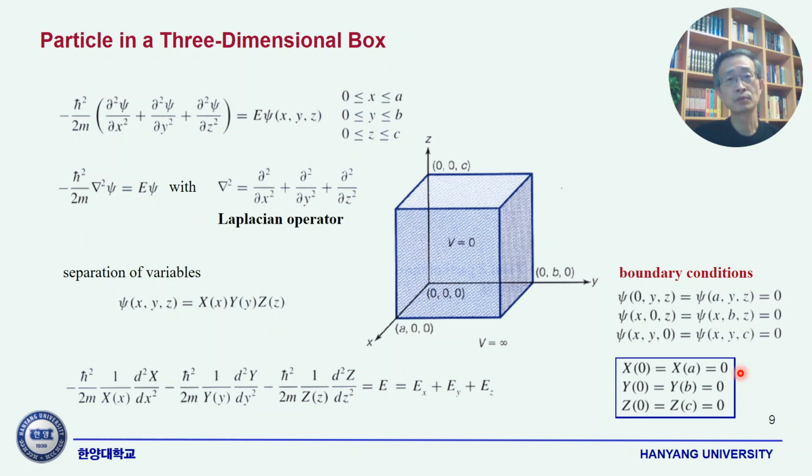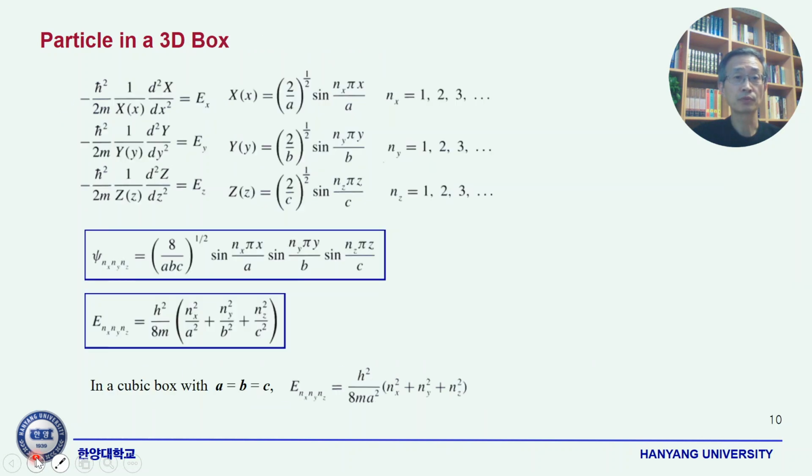So you can solve each dimension separately, and your final total wave function is the product of the wave function of each dimension, and your total energy is the sum of the energies of each dimension. That's the way we solve the three-dimensional problem.